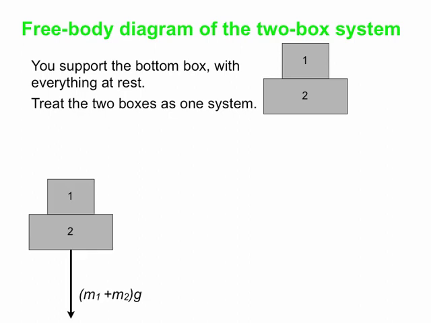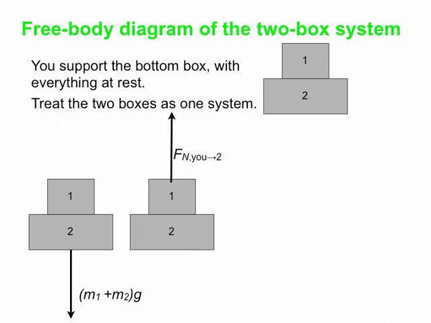So what we have here is basically one combined object with a total mass of m1 plus m2. That's interacting with the Earth, so we certainly have a downward force of gravity, (m1 plus m2) times g. That's the interaction of our system with the Earth.